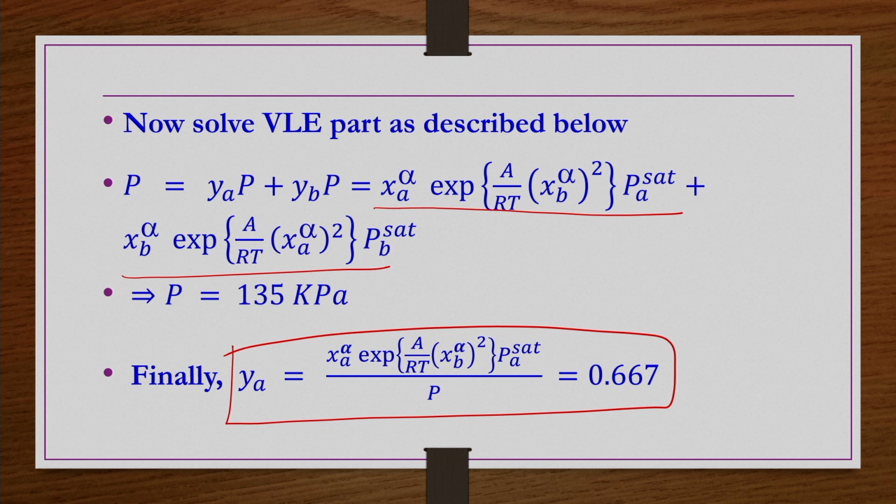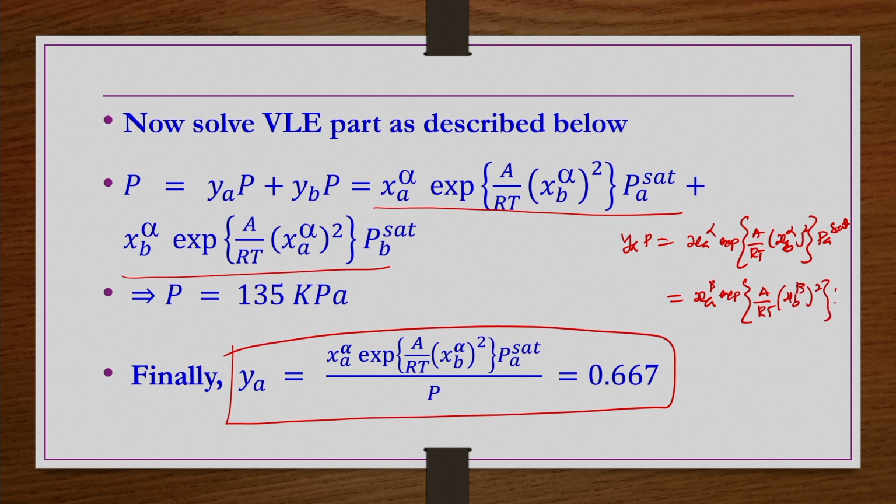I will write it again. YA P is equal to XA alpha exponential of A by RT, XB alpha whole square, PA sat, and this is also equal to XA beta exponential of A by RT, XB beta whole square, and then PA sat.